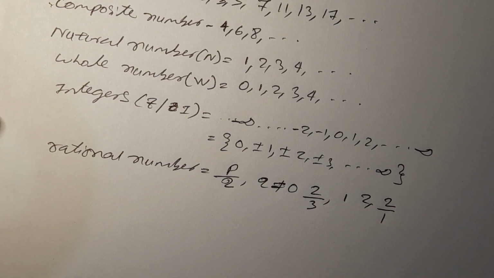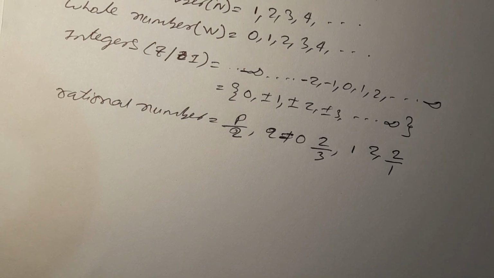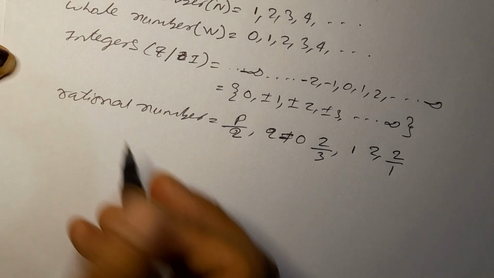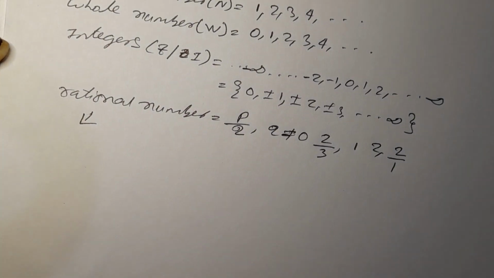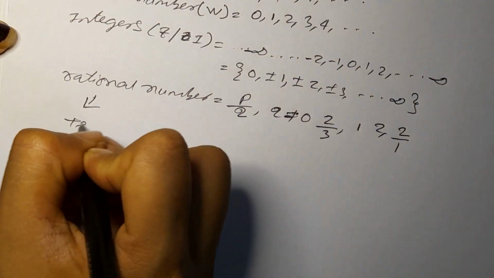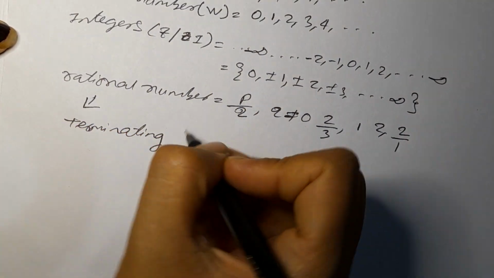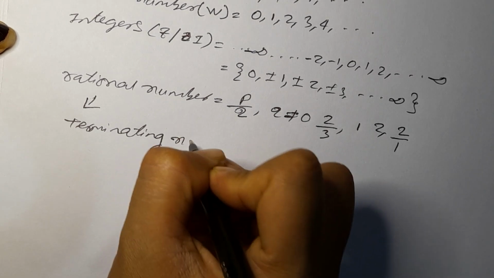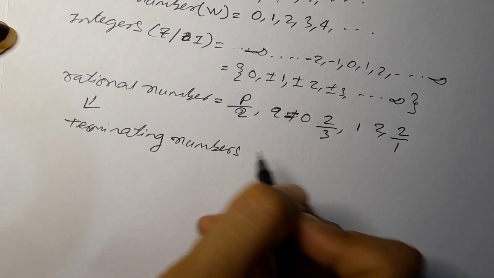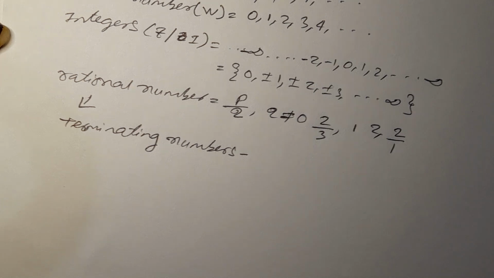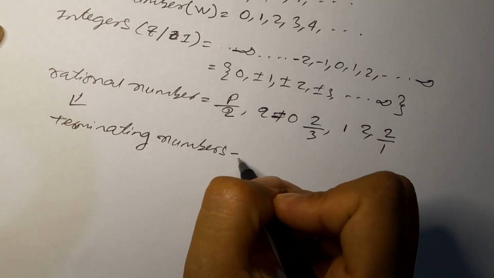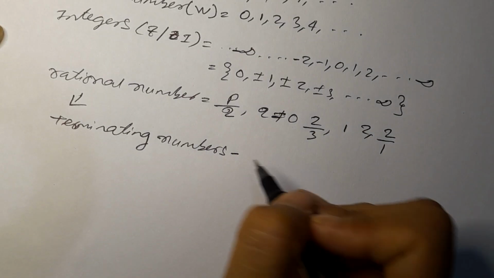In rational numbers, two terms will come. One is terminating numbers, another is non-terminating numbers. Now what is terminating? It is a part of a rational number. Terminating numbers are the numbers where after the division there is no repetition of a number.